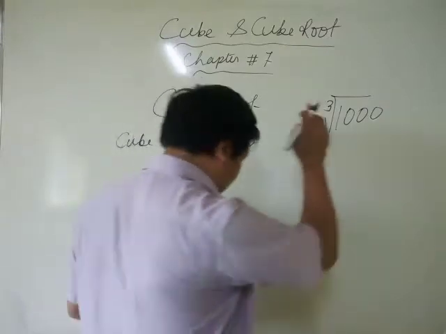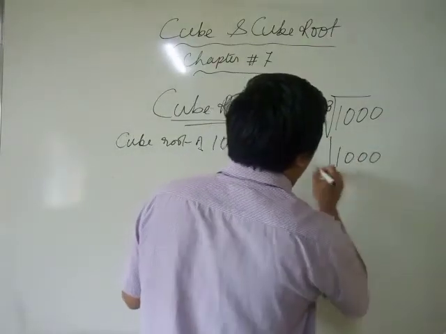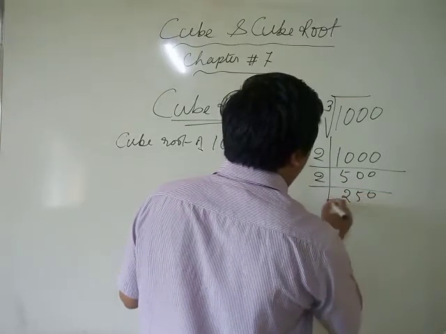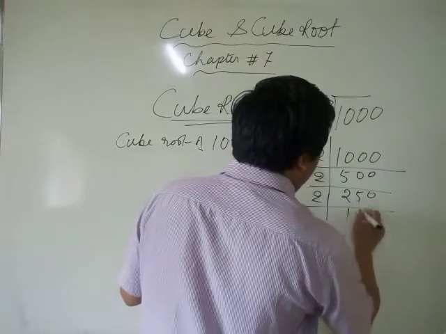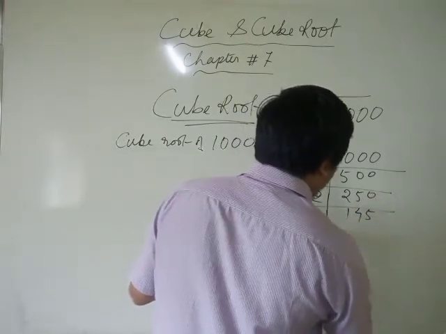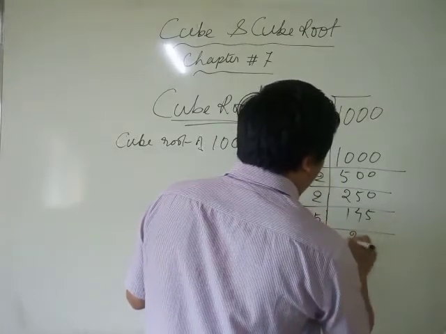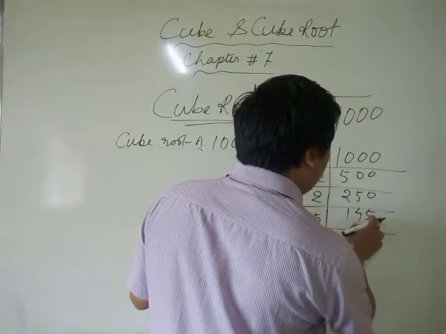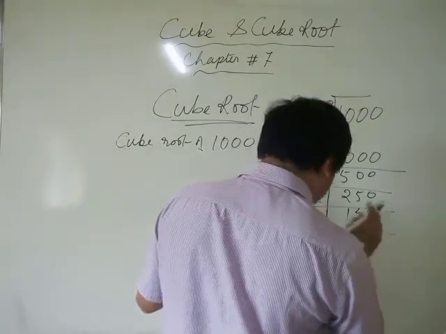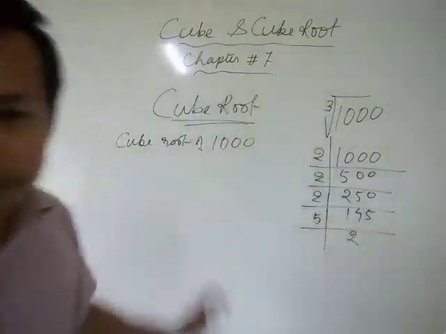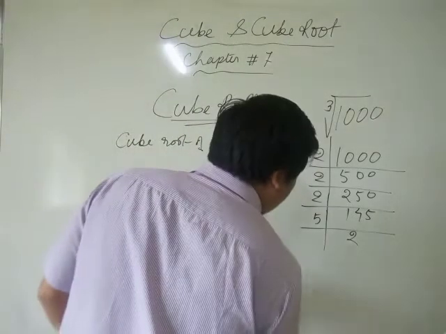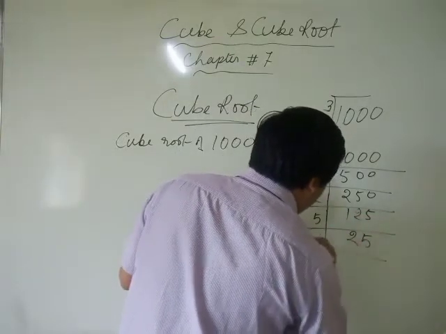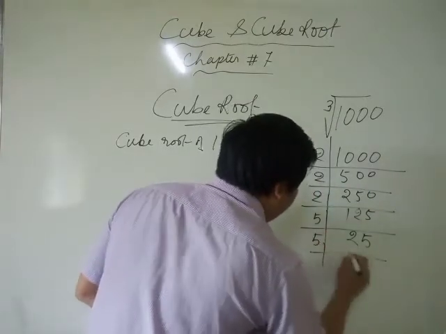So let us factorize this 1000 now. If you factorize this 1000, how much can we receive? 2, 500, 2, 250, 2, 125, then 5, 25, then 5, 5.